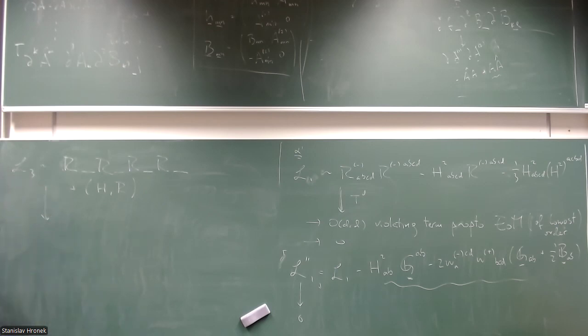And by doing so, in the reduced theory, we will find there are many ODD violating terms that are proportional to equation of motions. Let's pick one.